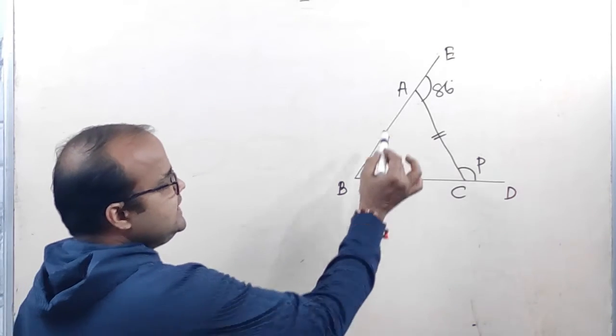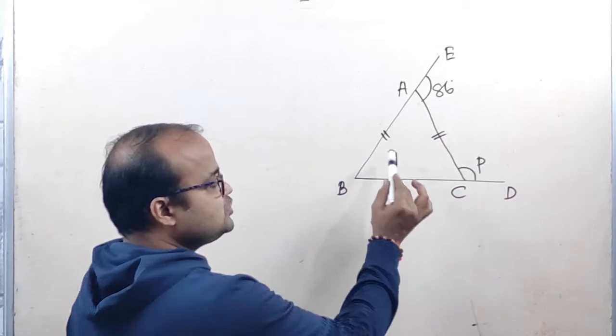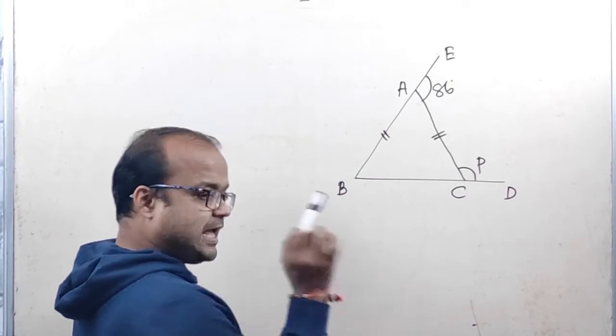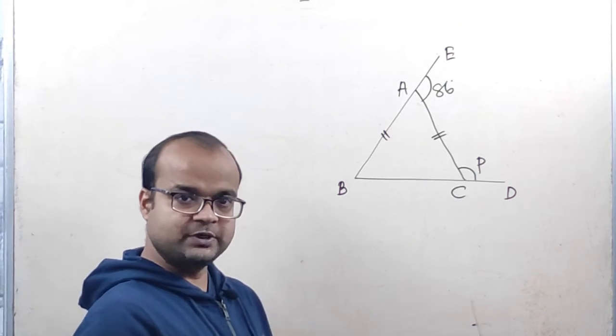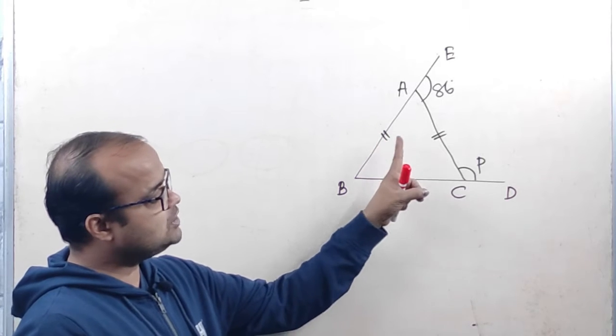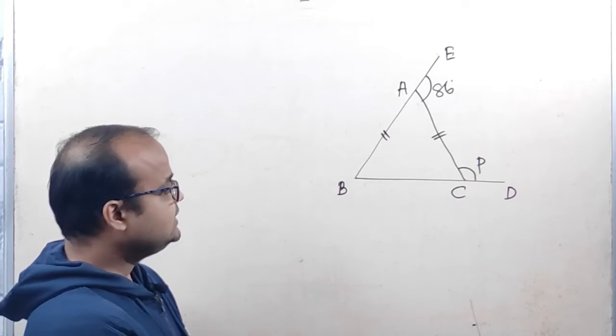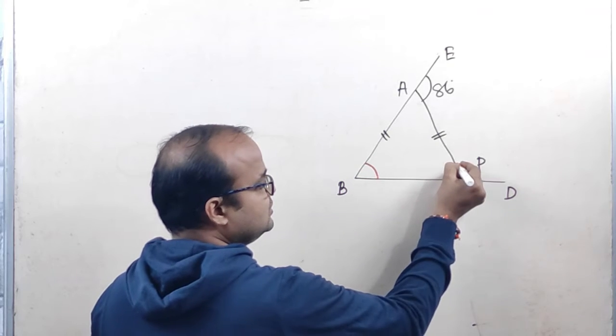Now say AB equals AC. So this is an isosceles triangle, and in the last few sums we used the property that the angles opposite to equal sides are equal.